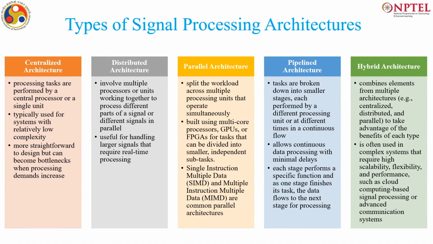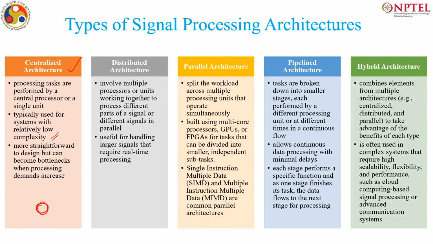So there are several types of signal processing architectures. The first is a centralized architecture, which means there is only one system doing the signal processing task. Of course, this is burdened with everything because it is the only one doing the task. So this is typically used when the complexity of the algorithm is low, like basic filtering or convolution.